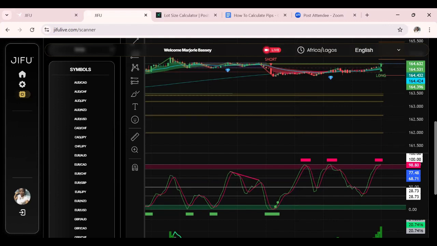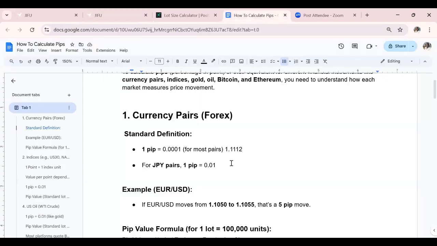Euro JPY is currently 164.43. So it's important: JPY pairs have 2 decimal places behind the point, and this one has 4 decimal places.